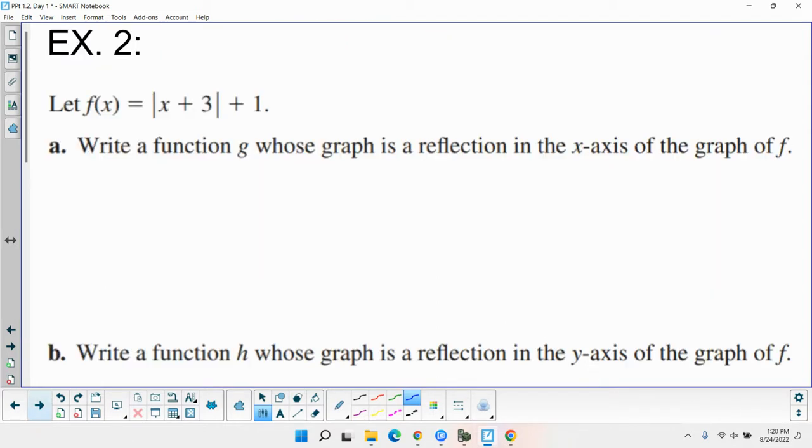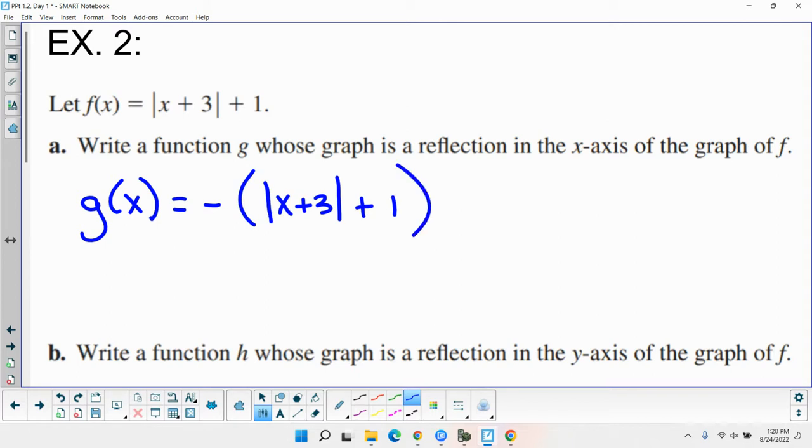Okay. Example. We got an absolute value one this time. Write a function of g whose graph is a reflection in the x-axis of the graph. Okay? So g of x equals the whole thing. Put the negative out front of the whole thing. Now, that negative out front of the whole thing makes my absolute value negative and my 1 negative, right? So there's our answer.